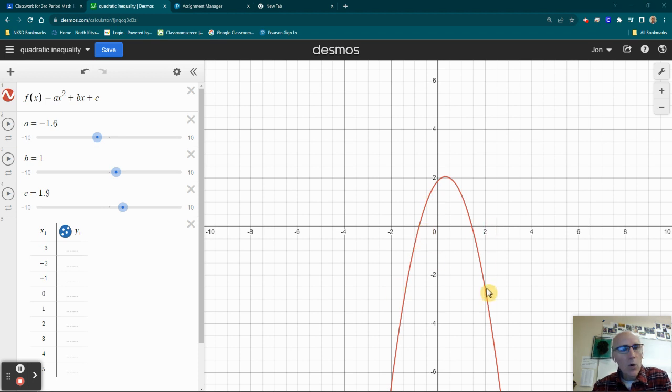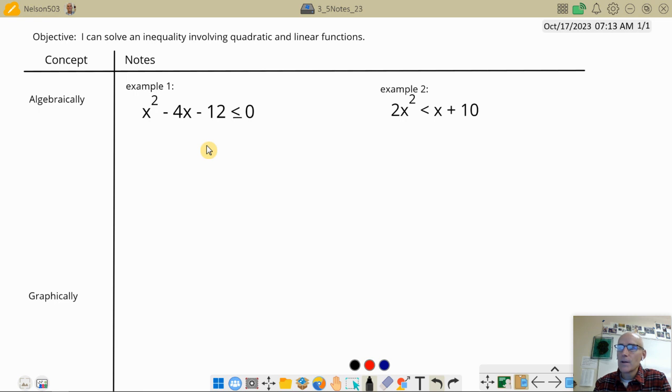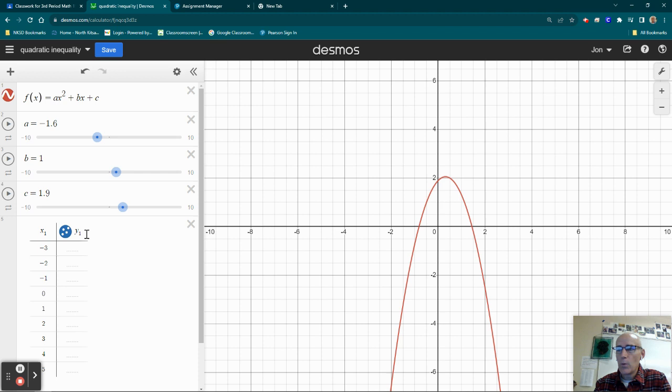So our task is to explain what x values generate less than or equal to 0 y values. So let's look over here and generate some y values. The way you would do that using a table is, I call this the f function, so I want to jam into the f function a whole bunch of x values.